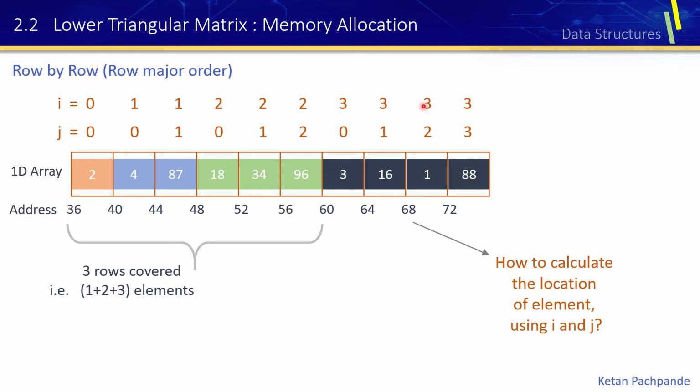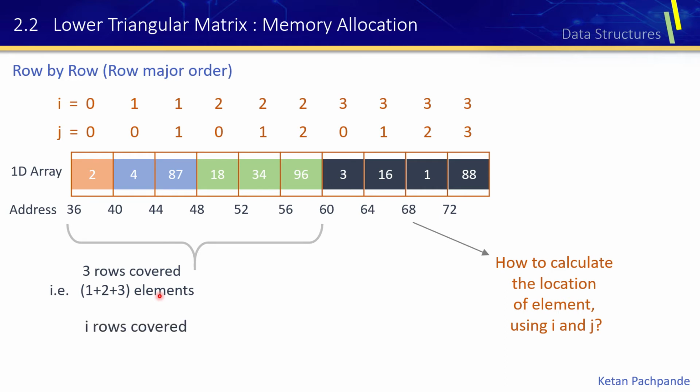So the value of i indicates the number of rows covered so far. And what will be the number of elements covered so far? In the first row, it is always going to be one element. In the second row, two elements. In the third row, three elements, and so on. So the simple formula becomes 1 plus 2 plus 3 elements.